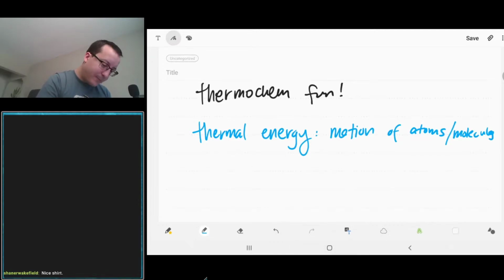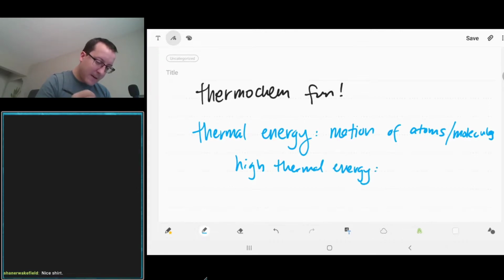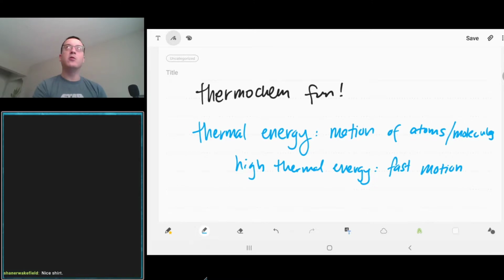High thermal energy is fast motion. And conversely, or rather inversely, low thermal energy would be slow motion, right? So the more thermal energy you have, the faster things are moving. That's just what thermal energy is definition-wise.